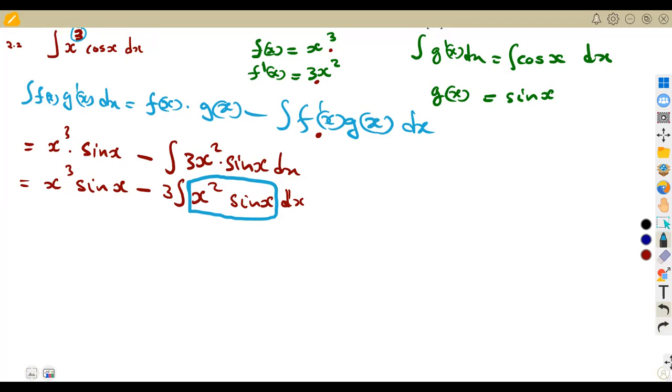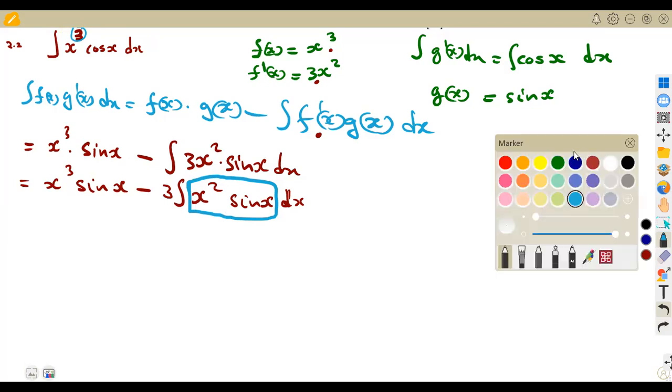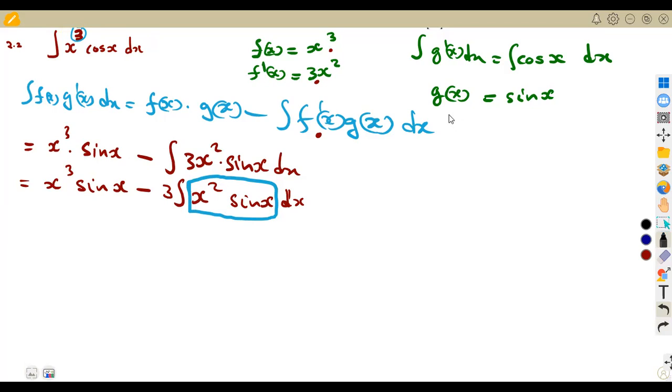So we have to choose again, just like the previous case, our f of x and our g prime x, and apply our formula. What you choose to be your f of x in the first place has to remain like that. So your f of x is still the algebraic part, which is x squared. The first derivative there is going to be 2x.